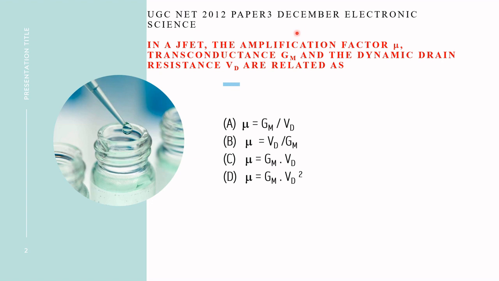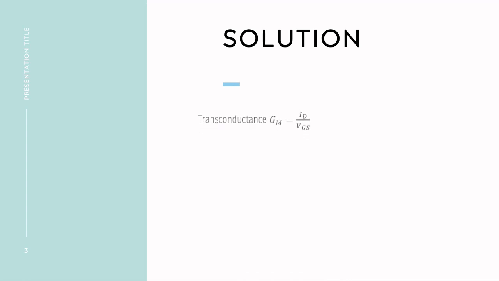So how do we solve this problem? Here we get the solution. First of all, what is the transconductance of a JFET?